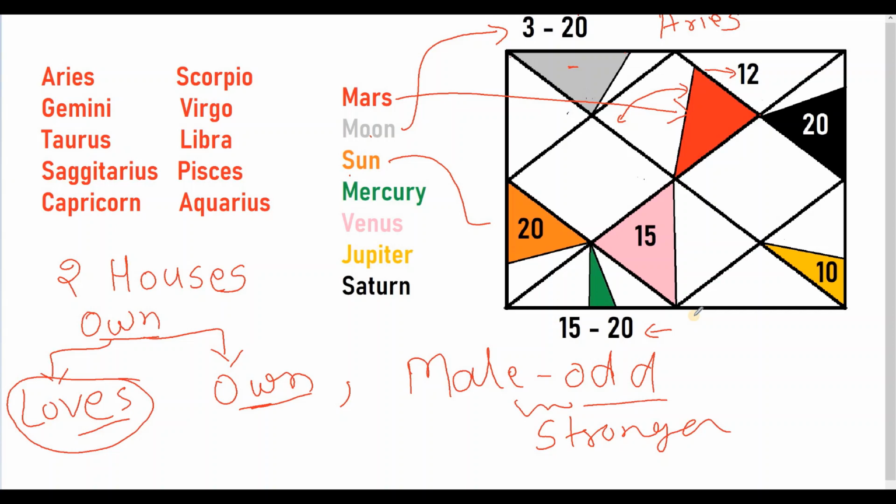Even though both are even signs or female signs, they would give some explanation regarding how Moon and Mercury, both are more feminine, and therefore they tend to do well in the feminine sign, and hence they are in Mool Trikona.